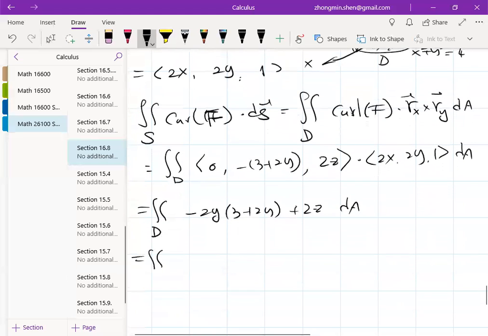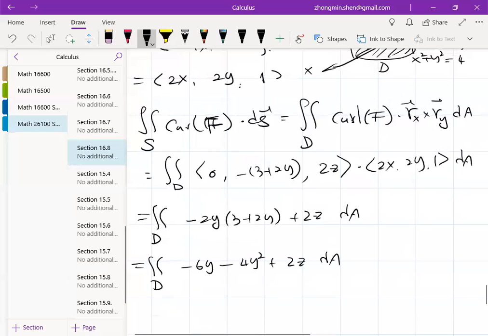So we simplified: negative 6y plus 4y squared plus 2z dA. Now, be careful.